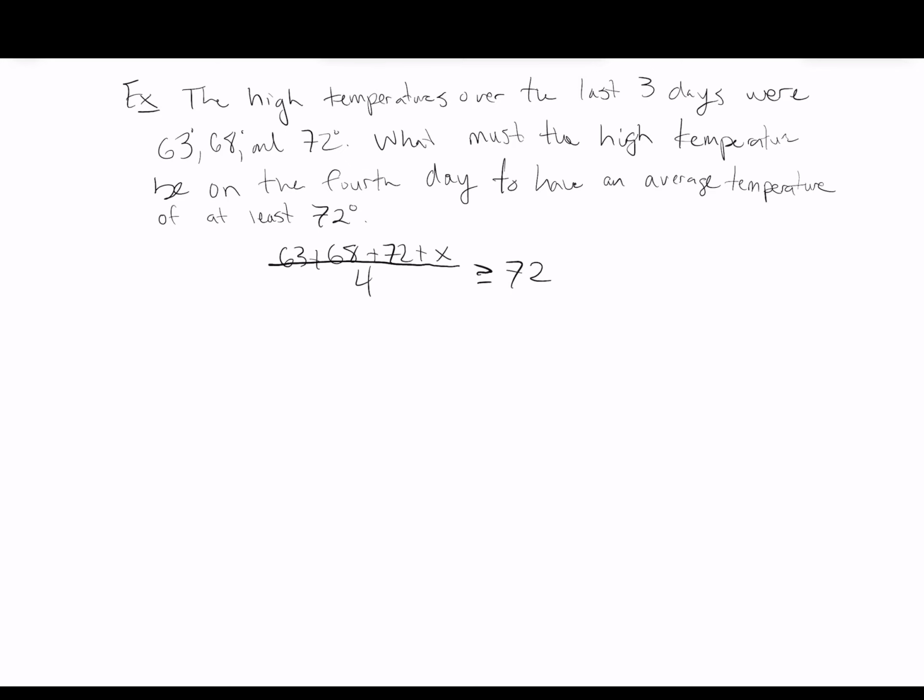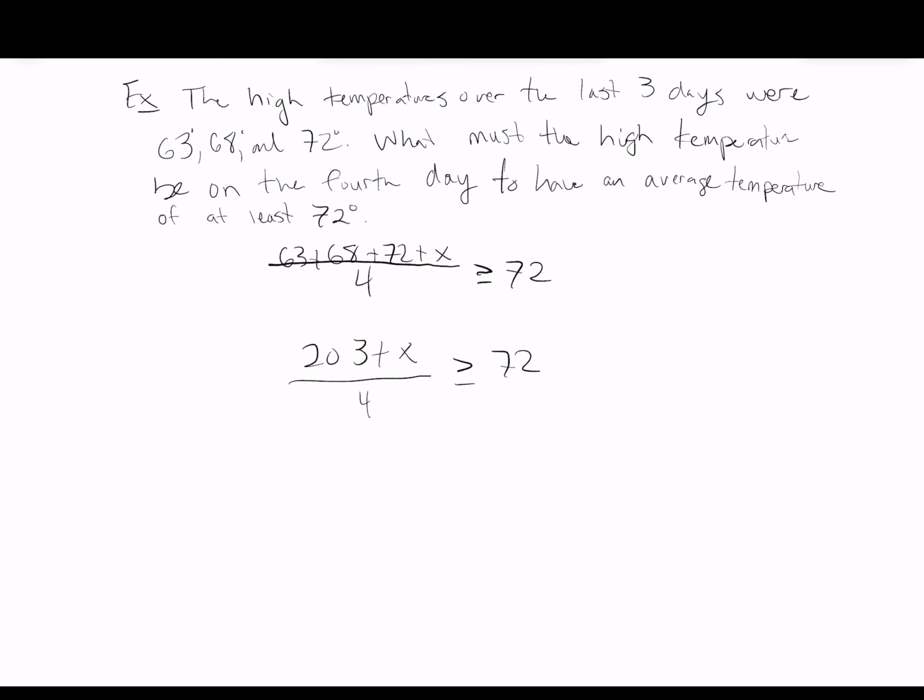So can we solve this and figure out what temperature has to be on the 4th day to give at least a 72? Well, we can add those values together. 63 plus 68 plus 72 is 203. 203 plus x over 4 is greater than or equal to 72.